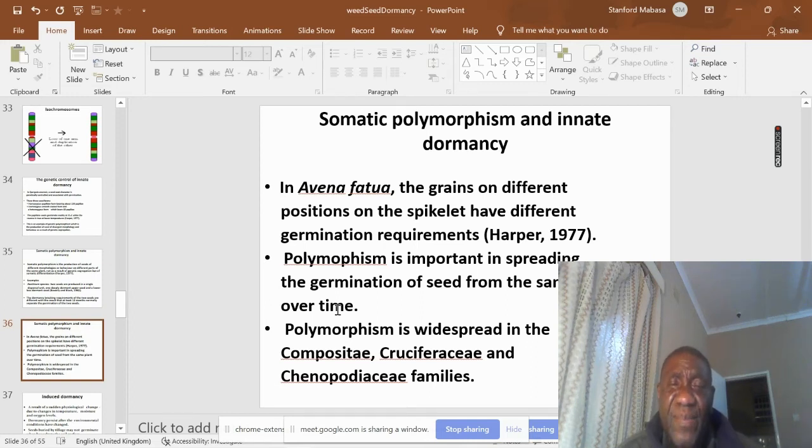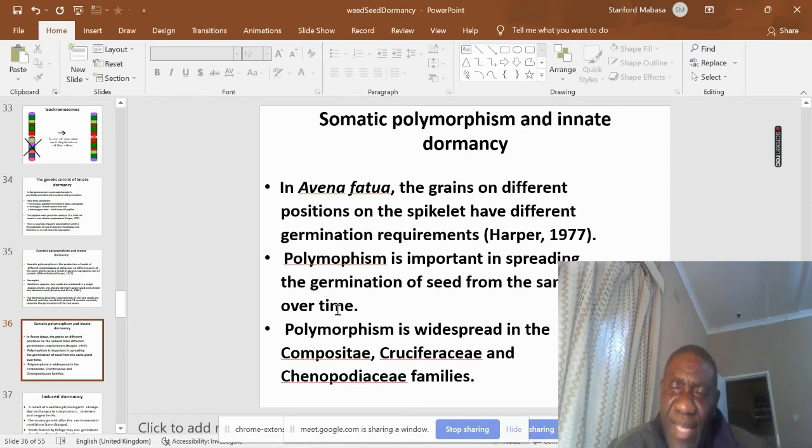Polymorphism is important in separating the germination of the seed from the same plant over time. I think this is a survival mechanism, where you don't have weed seeds germinating at the same time. Otherwise, they will be destroyed during weed control measures.